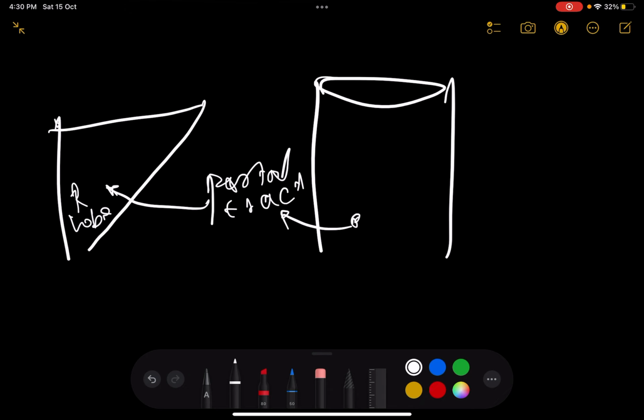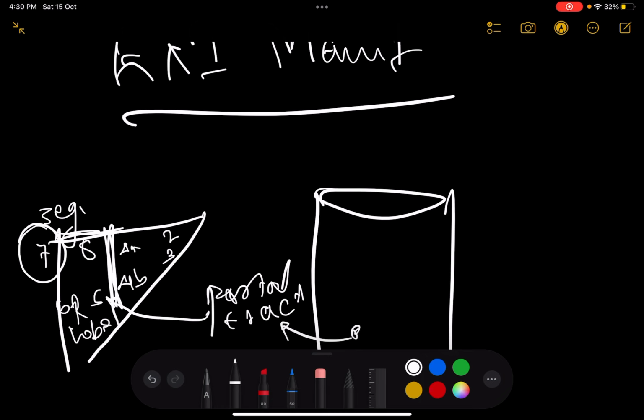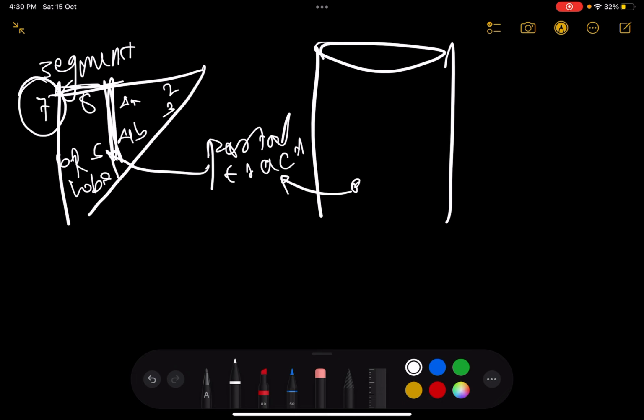And in the right lobe, in the segments, this is 4A, 2, 3, 4B, 5, 6, 7, 8. So it reaches segment 7 of the liver, and it forms an abscess.